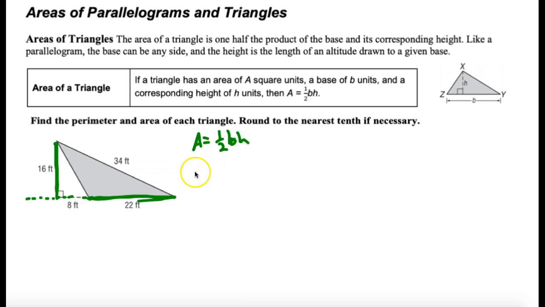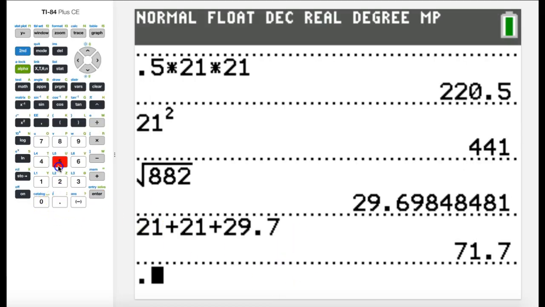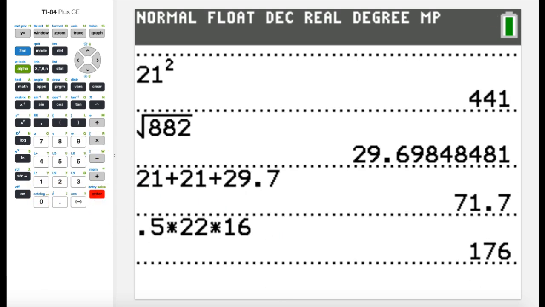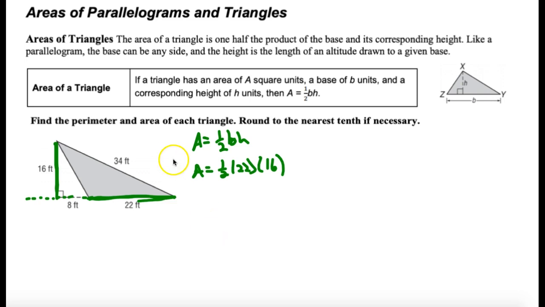So my two pieces for the area: the base is 22 and the height is 16. So area is 1/2 times 22 times 16. So 176 for the area. That'll be square feet.